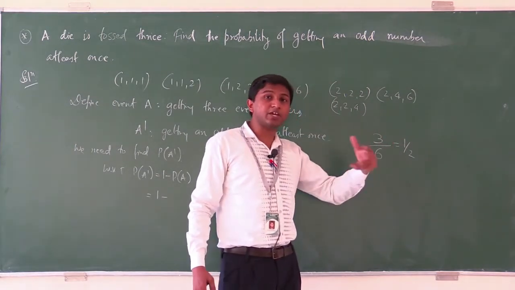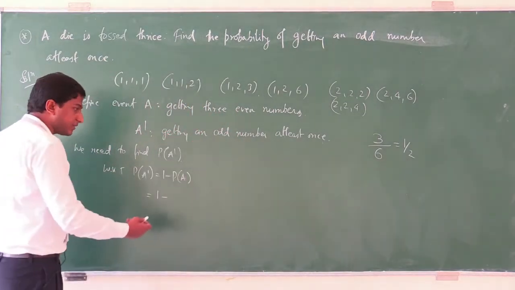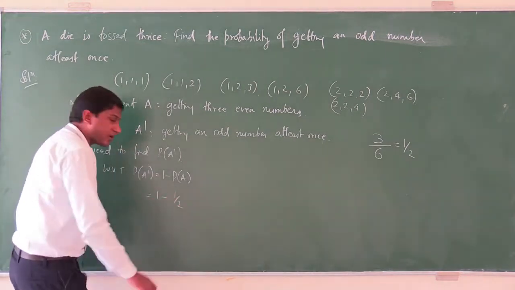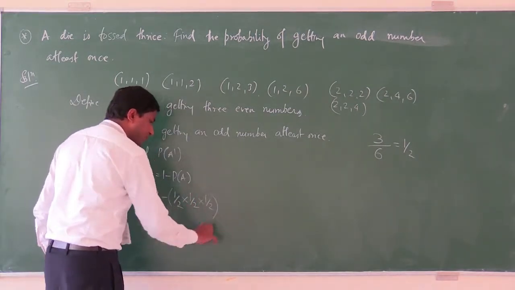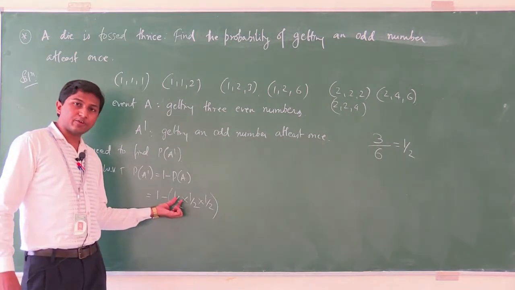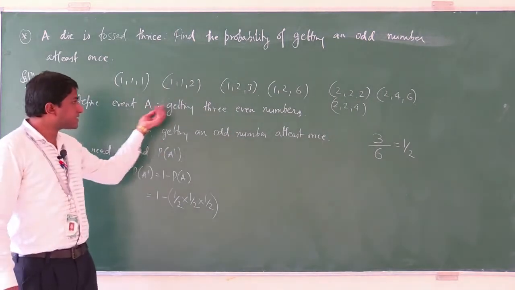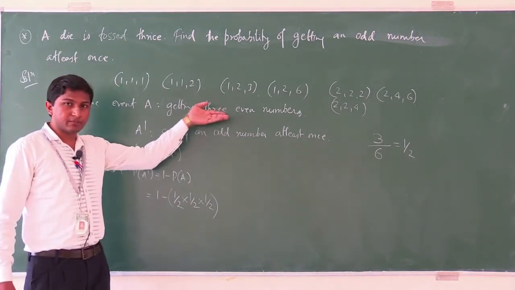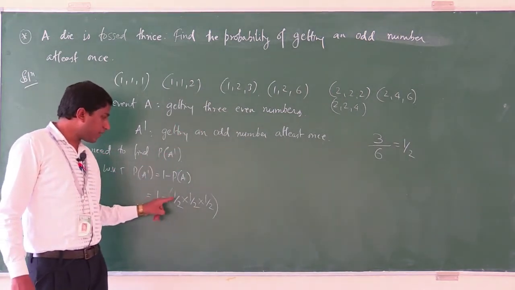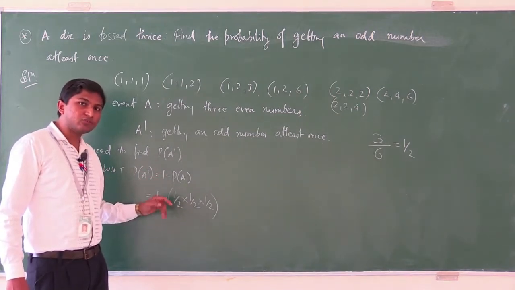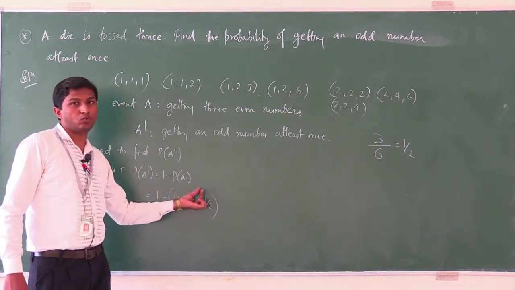Similarly, by multiplication theorem on probability, getting 3 even numbers is nothing but 1 by 2 into 1 by 2 into 1 by 2. Again, getting one even number is 1 by 2, but event A is getting 3 even numbers, meaning I have to use the multiplication theorem on probability.